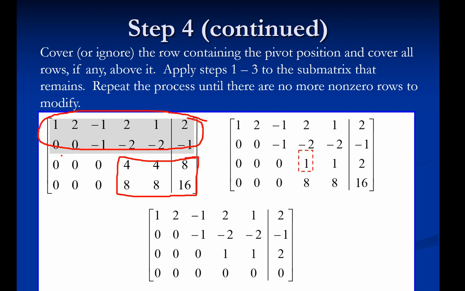Once I get the zeros below the pivots, I'm done with all of the matrix except the bottom right-hand corner. So that's what all this cover or ignore is about: ignoring the parts of the matrix that I'm not worried about. But I do the same steps to the submatrix that remains. Let's get rid of all that ink.